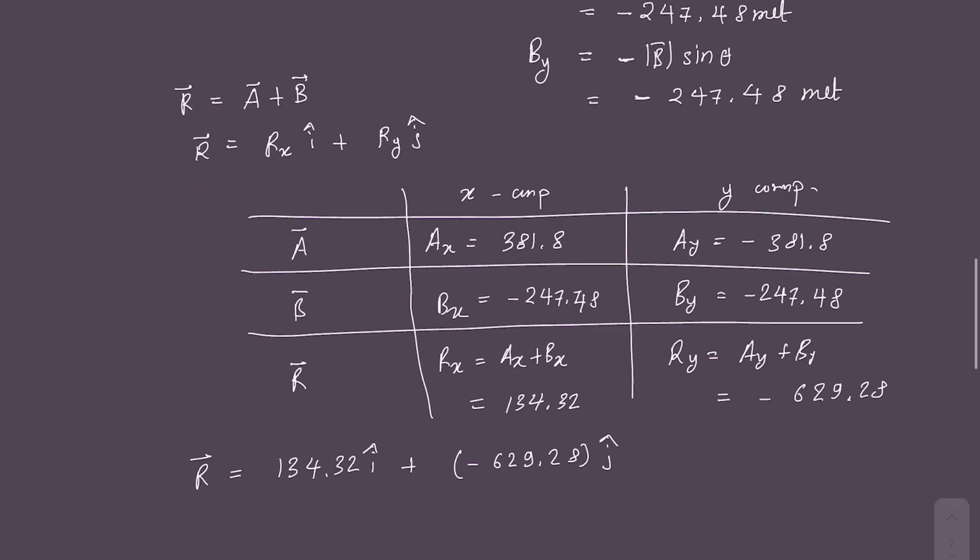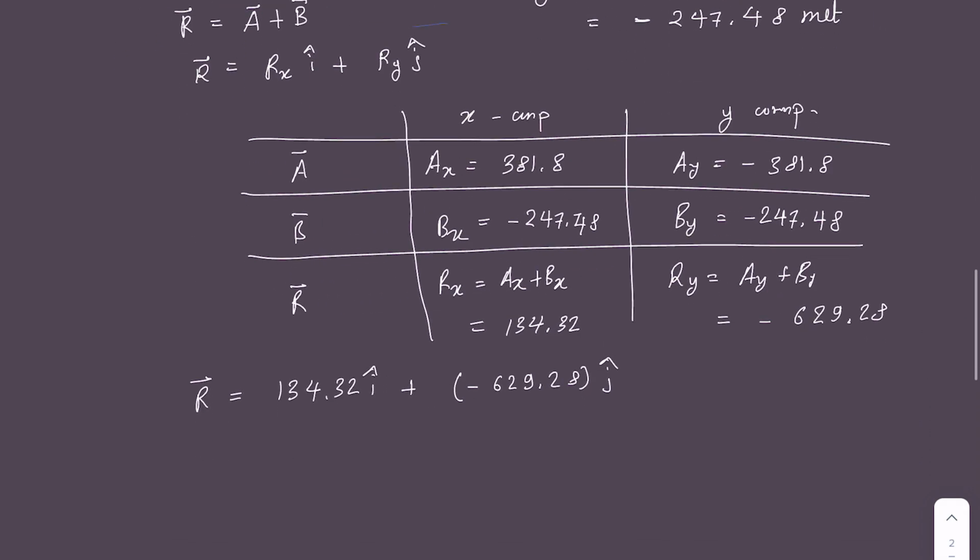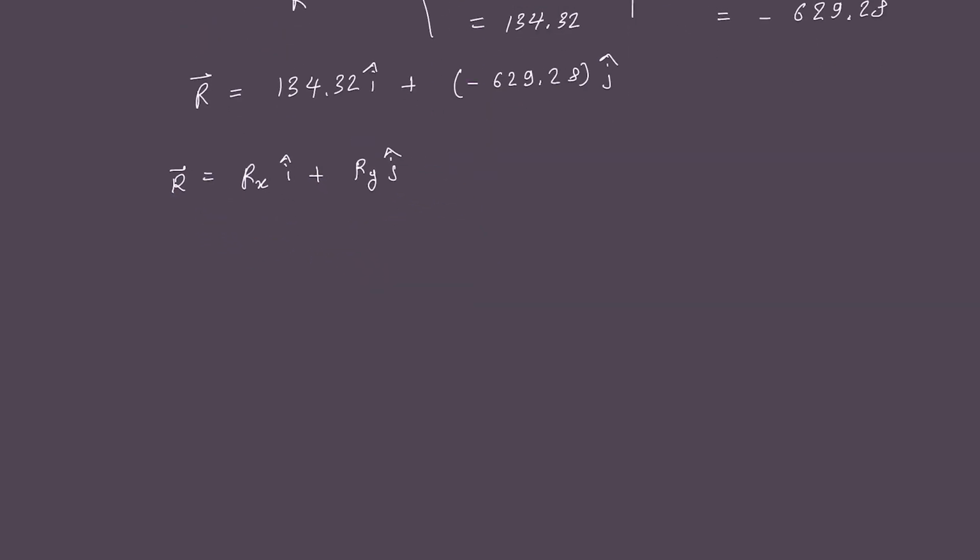Now, when you have a vector like this, to figure out its magnitude or the length, what you do is you square up the individual components and you add them together.